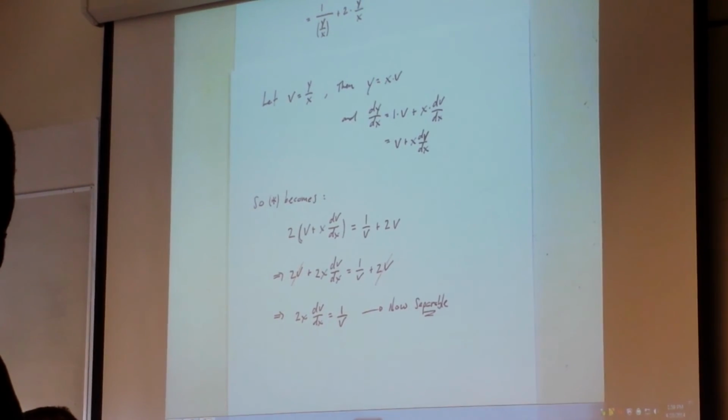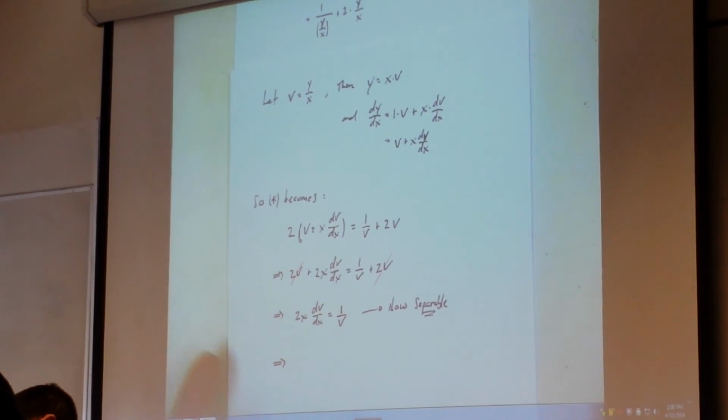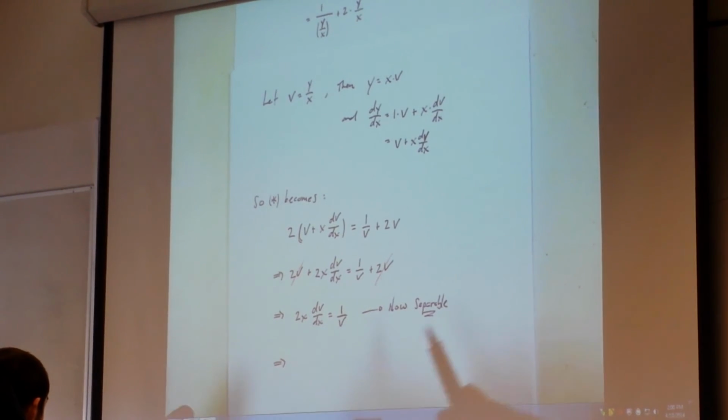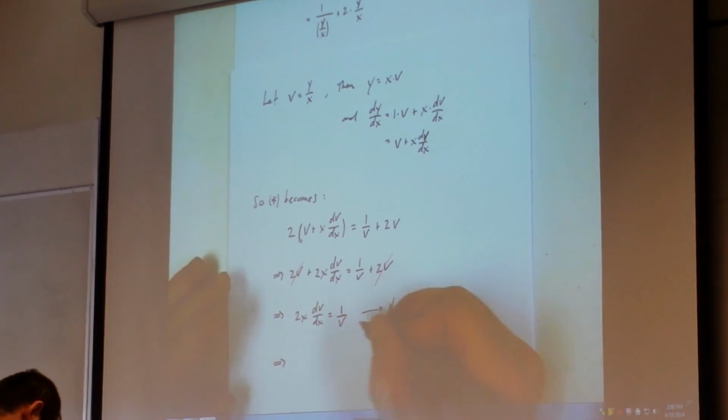Okay, so separating these variables, what's it going to look like? Divide by 2x, get the dx to the other side. Imagine multiplying both sides by v and dividing by 2x.